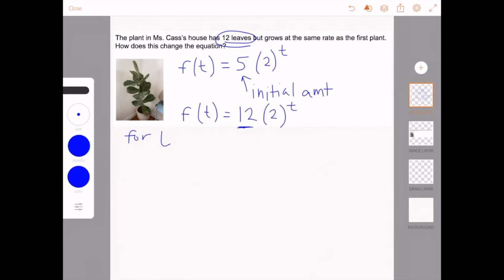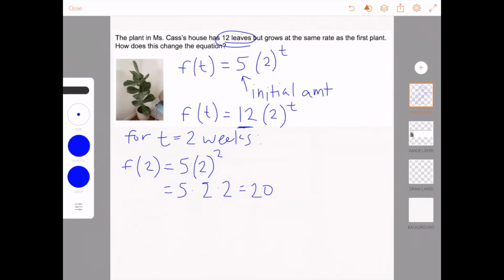And I want to give you guys an example. We're going to plug in t equals 2 to both of these equations to show you how that initial amount changes our outcome. In the first example, f of 2 equals 5 times 2 to the power of 2, and solving that, we get 5 times 2 times 2, which equals 20.